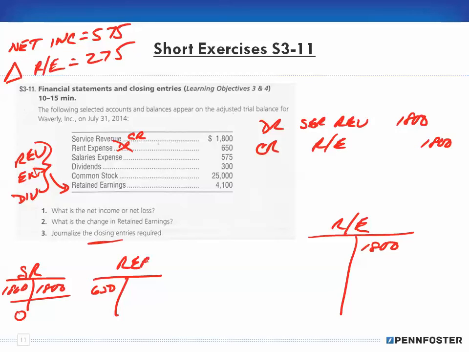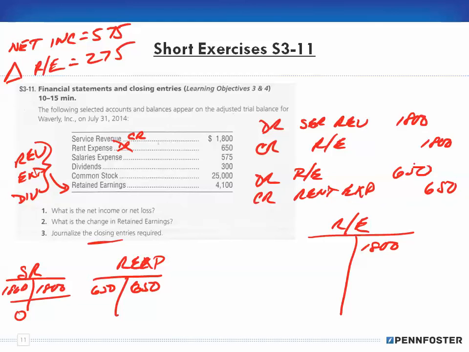Well, it's a debit of 650, so in order to make that 0, we're going to have to credit it for $650. And so I'm going to credit rent expense for $650, and I have to debit something else, which obviously is retained earnings for $650. Okay, so that's two separate journal entries right there.